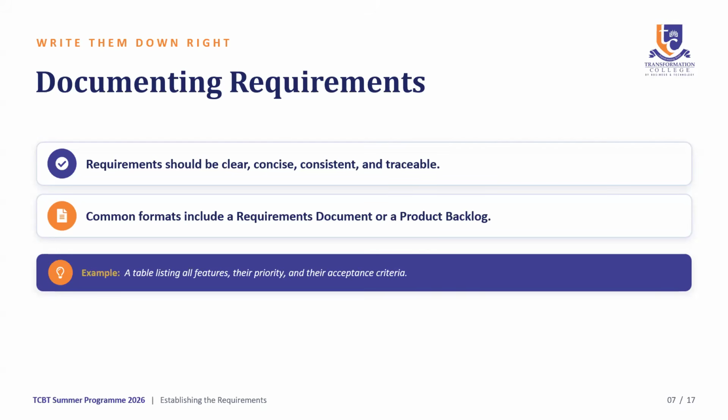Common formats include a requirement document or product backlog, right? Requirement document, you're talking about, for example, a table listing all features within the product or the solution that you want to build. One very good example of this is you can use a Google Sheet for a small product, right?